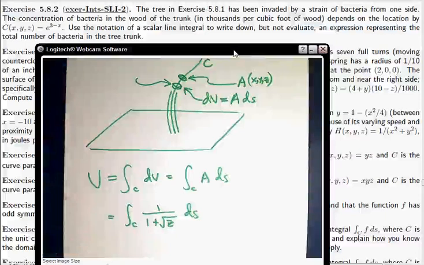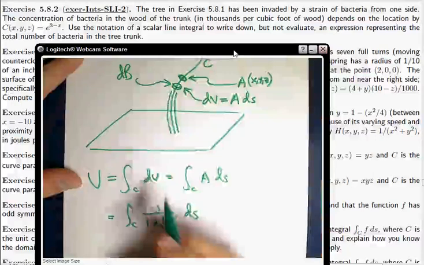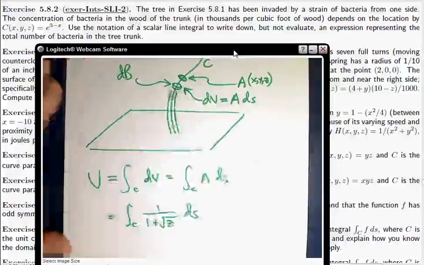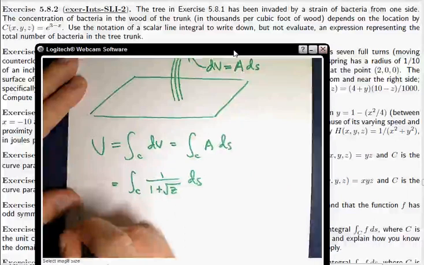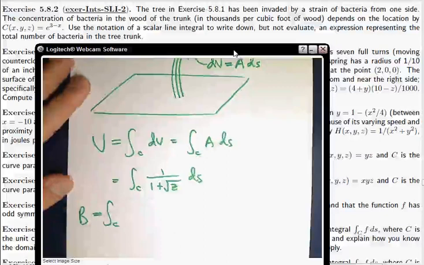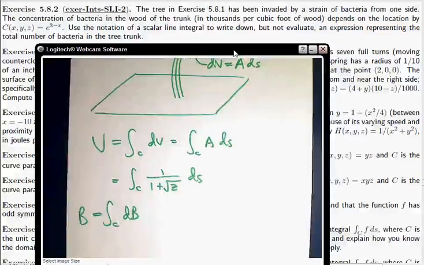I didn't make any choice of notation for bacteria. Let me use B to represent the quantity of bacteria. So I'm going to say dB represents the amount of bacteria in that little slice of wood. Right? So the total amount of bacteria is, well, I have to add up over all the pieces of curve the associated amount of bacteria that I associate to that piece of curve.